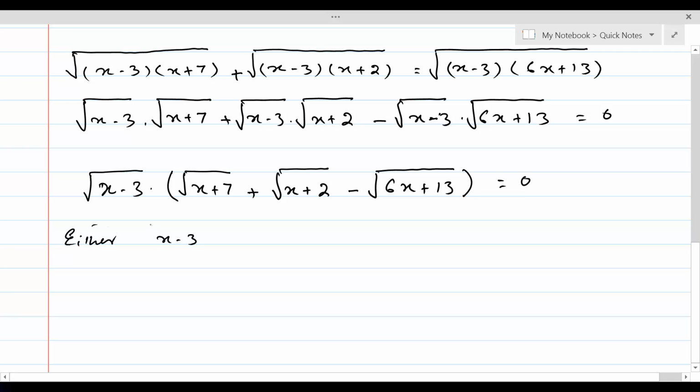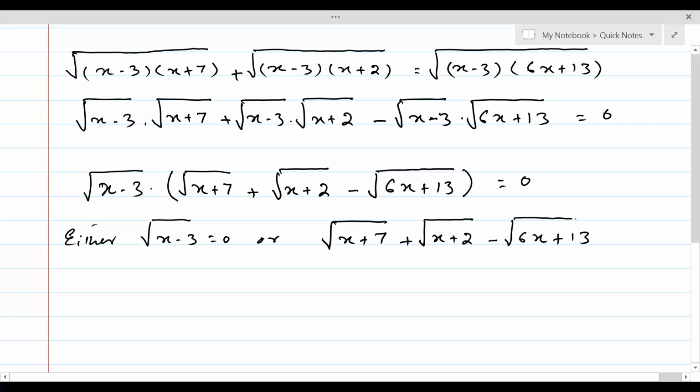square root of x minus 3 is equal to 0, or square root of x plus 7 plus square root of x plus 2 minus square root of 6x plus 13 is equal to 0.